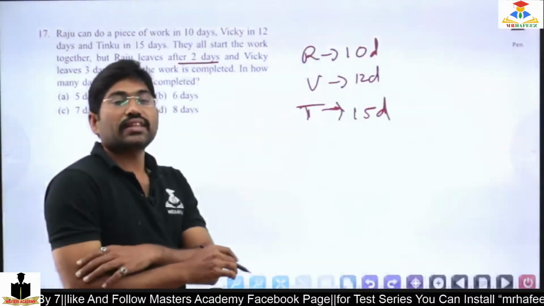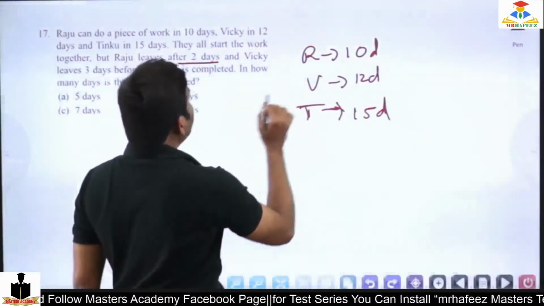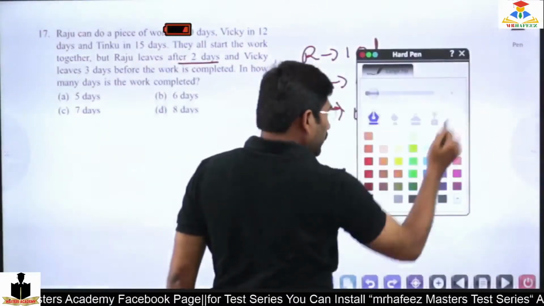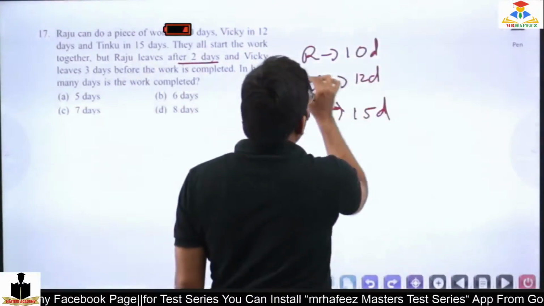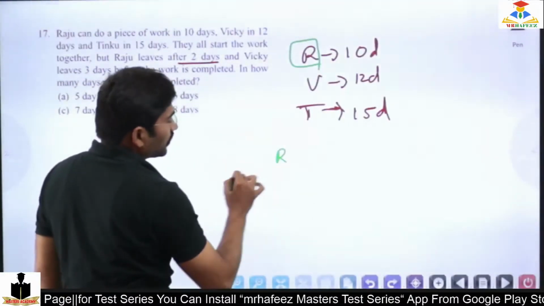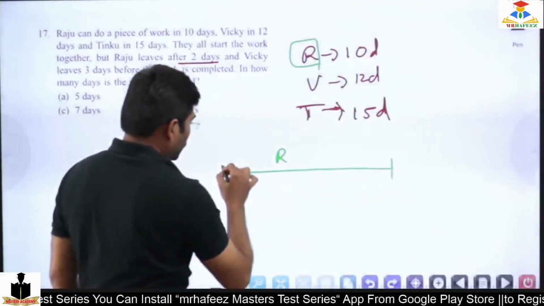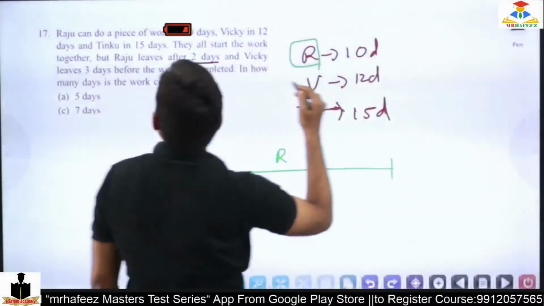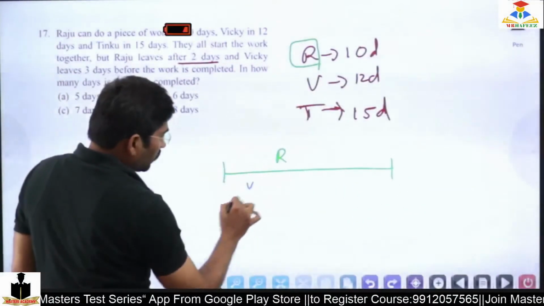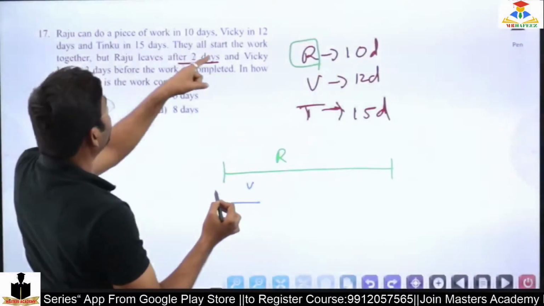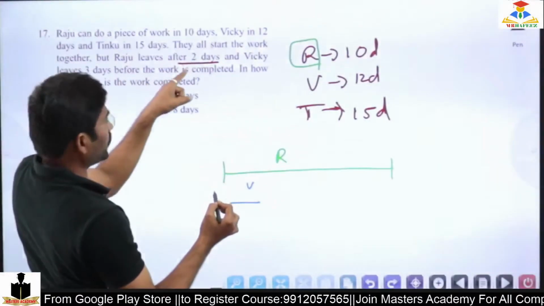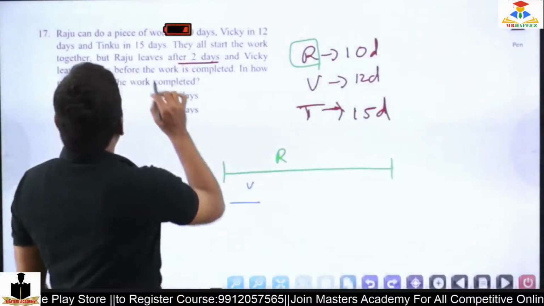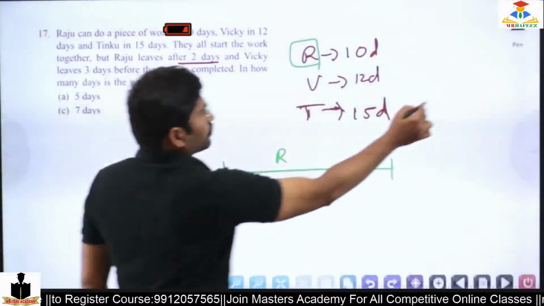Vicky leaves 3 days before. That means Tinku is the guy who worked for the complete days. Raju leaves after 2 days.